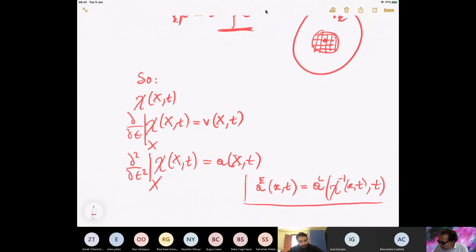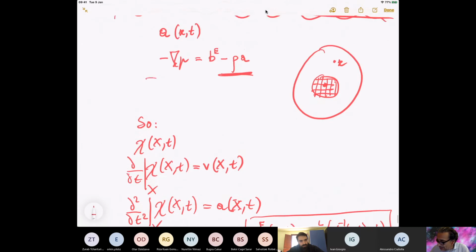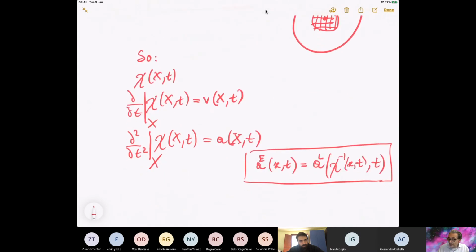So the acceleration field which we need in this balance equation is exactly the material derivative of the Eulerian velocity field v of x and t. V of x and t has been defined as v Lagrangian of chi minus 1 of capital X, t, t.